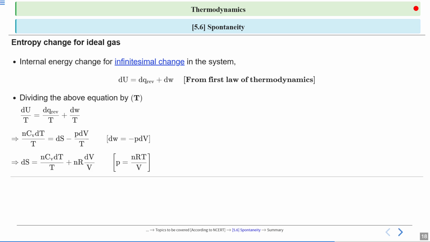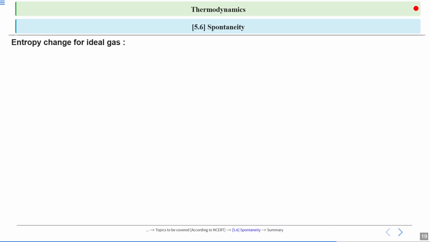Therefore, replacing the pressure with nRT by V, we get the final equation as dS is equal to nCv dT by T plus nR dV by V. So this is the entropy change for a small infinitesimal change. But if you want to calculate it for the whole process, what will you do? You will simply integrate it, with the proper limits.